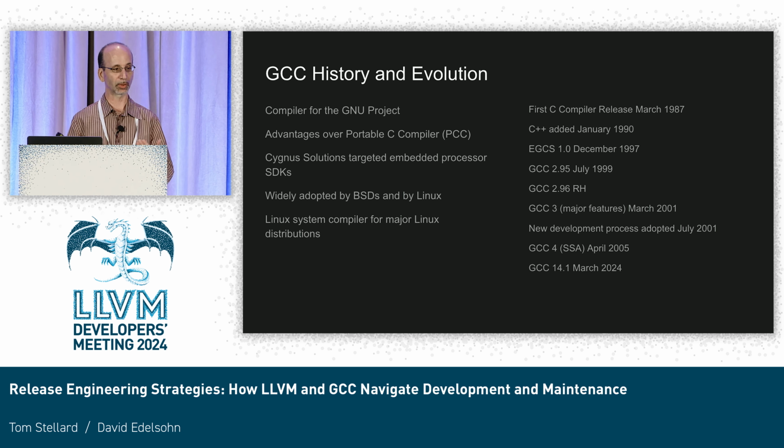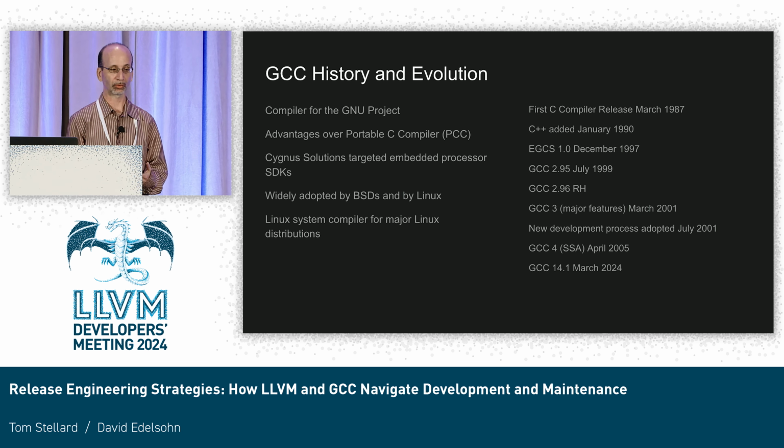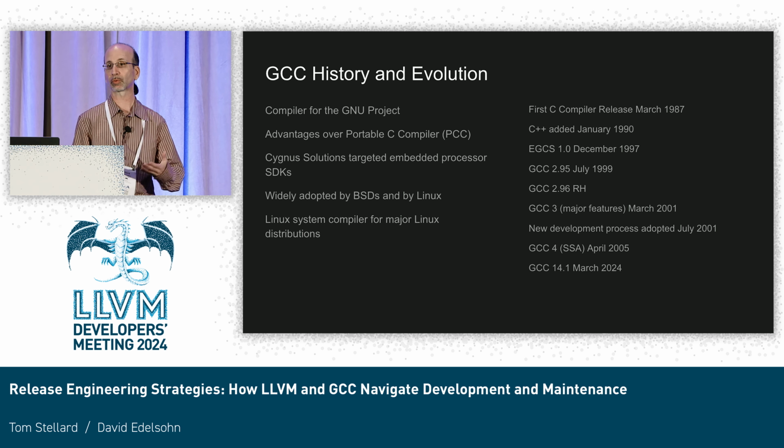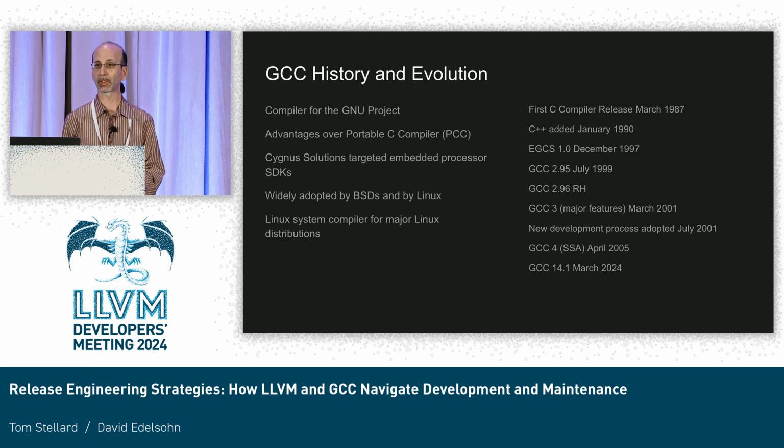A little bit of the history of the development: the important things are that after the EGCS remerger with GCC, there was a release called GCC 2.95, which was the first release where the EGCS community was in charge of the GCC releases.